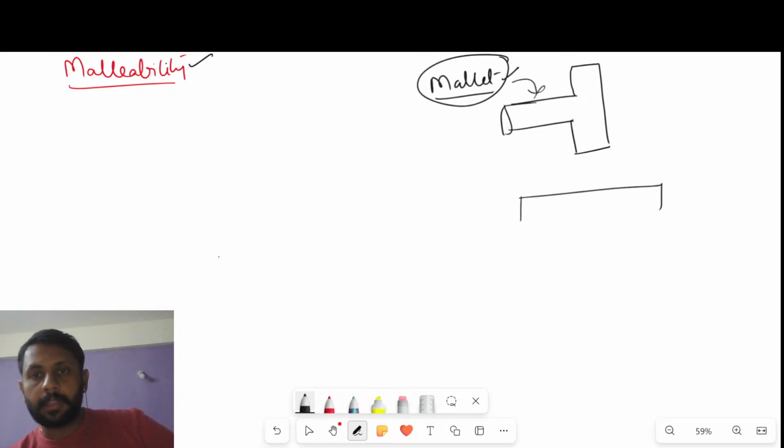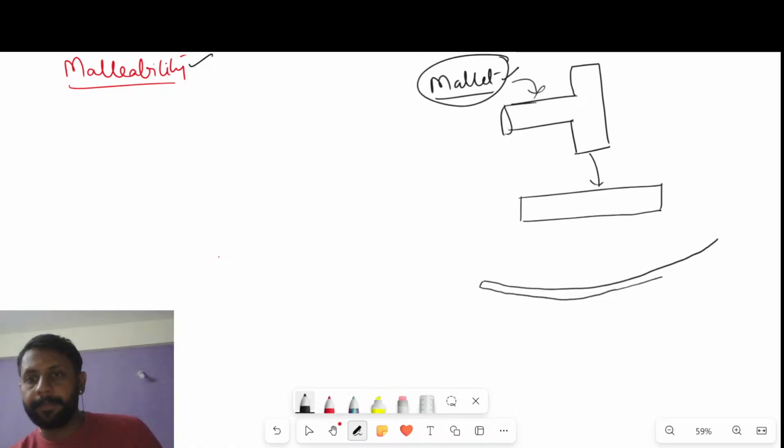When you take a thick surface and start hitting it with this mallet, it will expand and become a thin surface like this. When you are hammering with this mallet, the material is undergoing expansion in all directions.